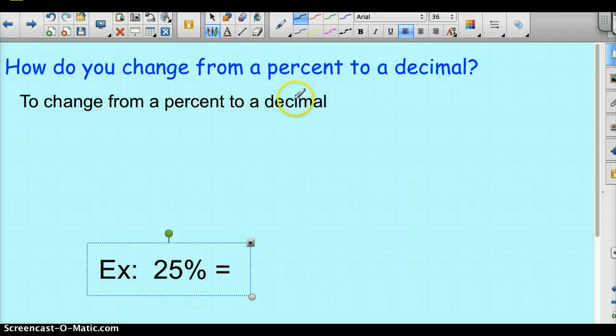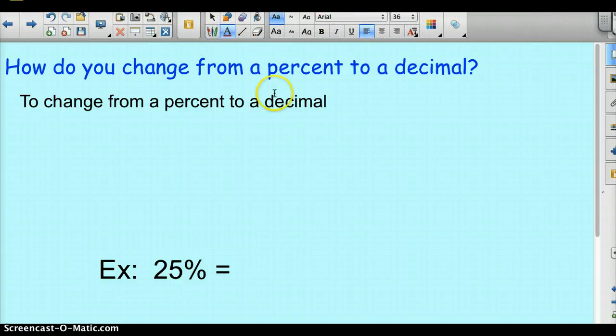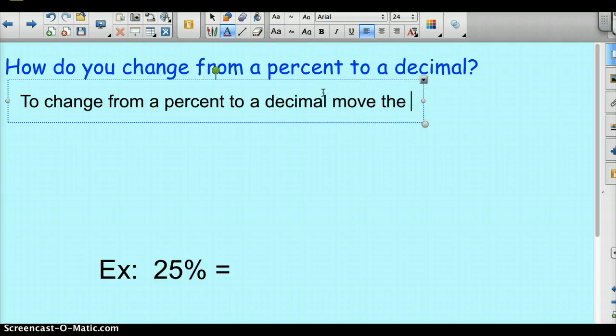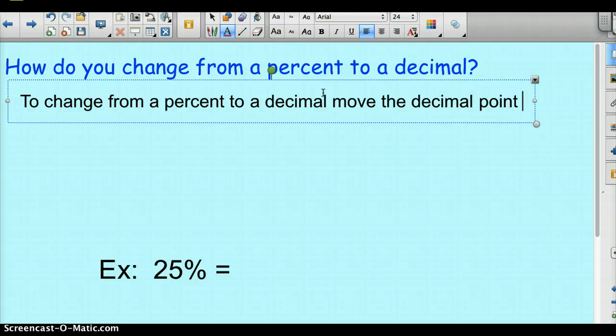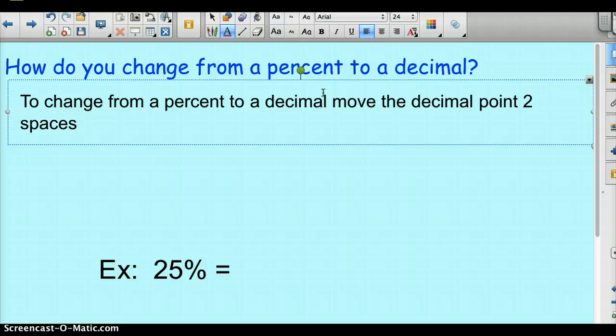And the final thing we've got to do is go from percent to decimal. To convert from percent to decimal, we need to move the decimal point 2 spaces to the opposite side. We've been moving to the right each time. Well, to convert from percent to decimal, you got to move it to the left.